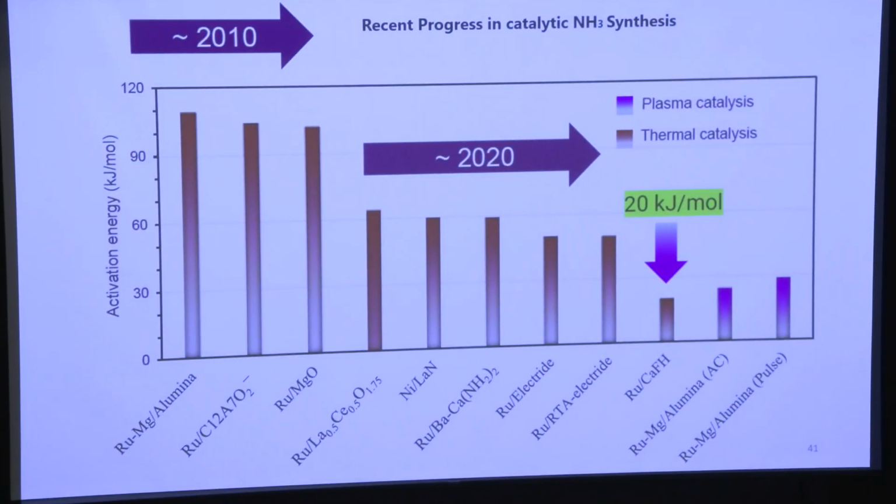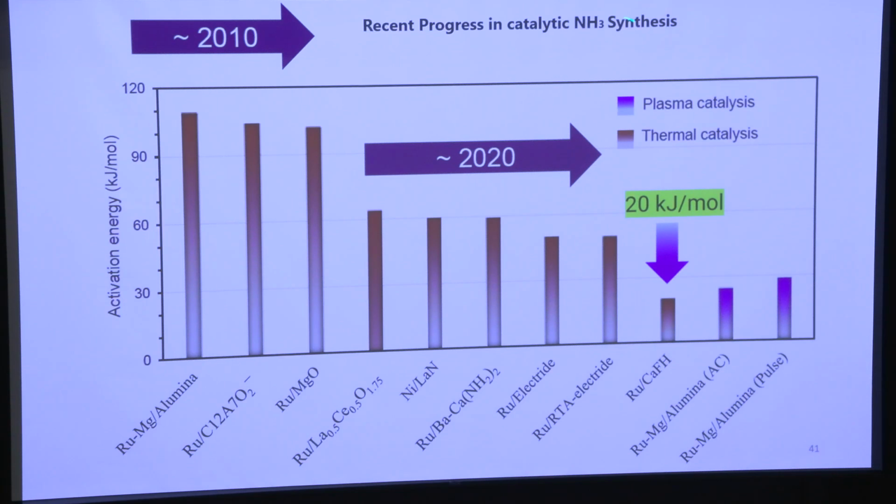So you look at the recent progress of ammonia synthesis. 10 years ago, people using ruthenium, magnesium, and ammonia catalysts reduced the activation energy to 100 kilojoule per mole. In 2020, they're using ruthenium, lanthanum, cerium oxide, and they reduced it to 60.